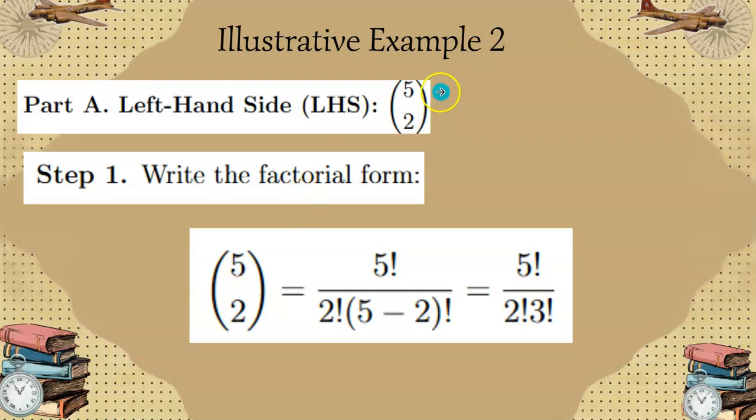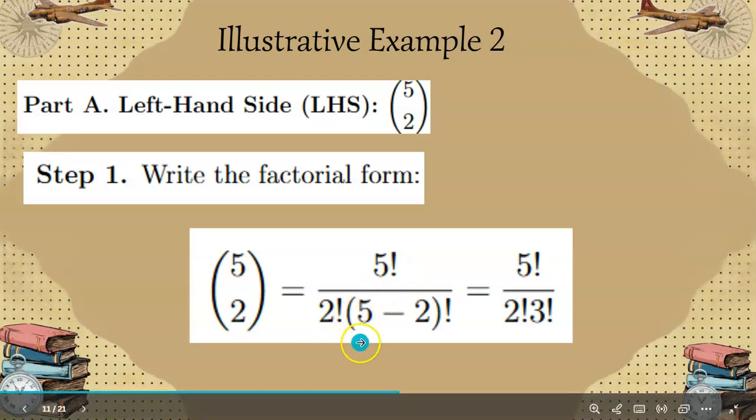So we have 5 choose 2. We write the factorial form. So we have 5 choose 2 is equal to 5 factorial over 2 factorial times (5 minus 2) factorial. And that would be 5 factorial all over 2 factorial times 3 factorial.